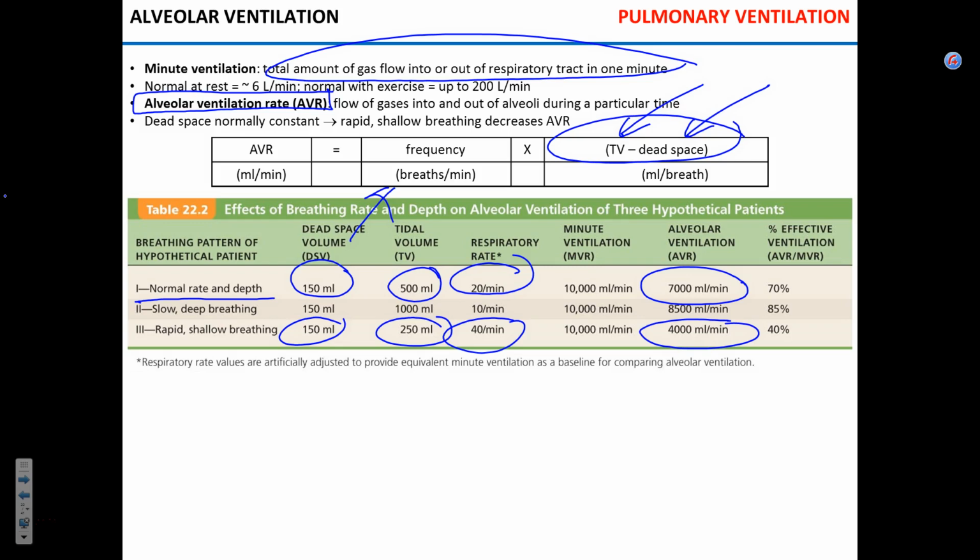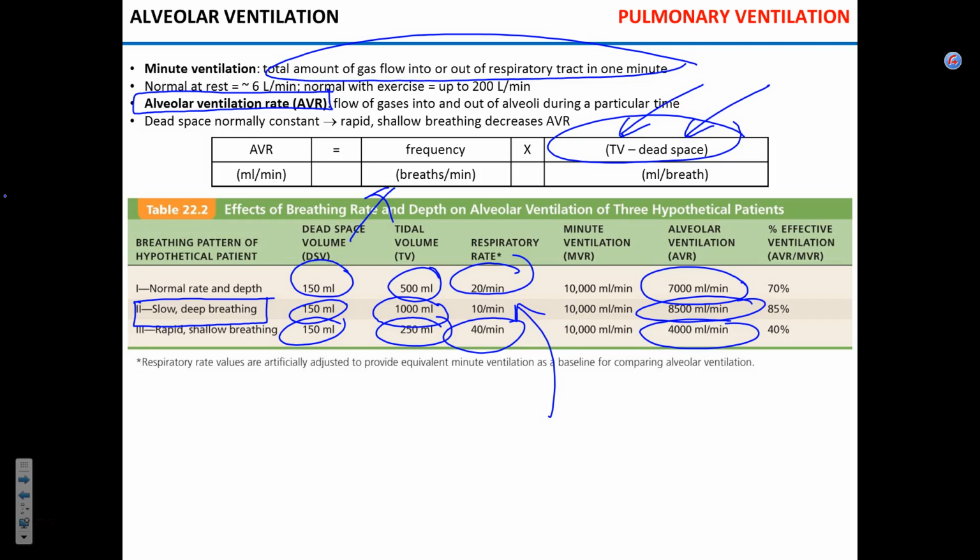On the opposite, slow and deep breathing will deliver much more. Here's the example. Tidal volume is 1000. Less your dead space, still 150, doesn't change. Respiratory rate drops to 10. 1000 minus 150 gives you 850. You multiply it by 10, you get 8.5 liters a minute, more than your normal ventilation.